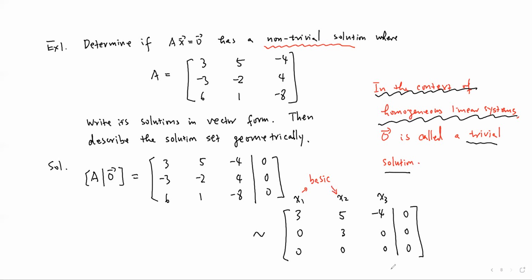The third column has no pivot position, so we call it a free column. This variable is free. That means you can arbitrarily assign values to x3. Because there is a free variable, the linear system has infinitely many solutions.